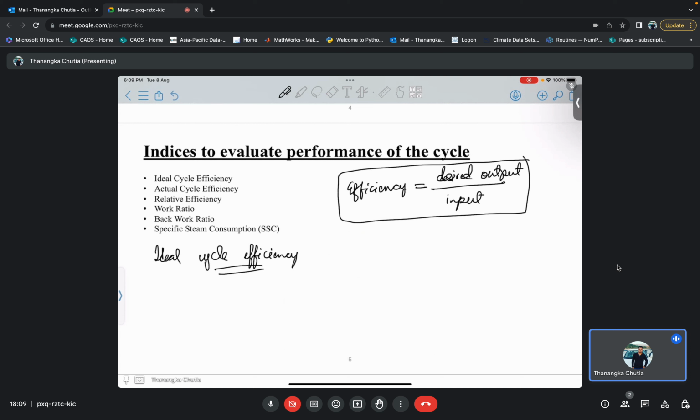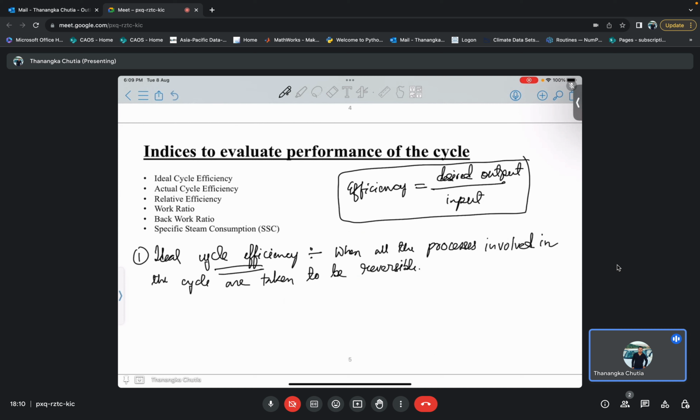Now this efficiency is of three types, like ideal cycle efficiency. In the ideal cycle efficiency, all the processes involved in the cycle are taken to be reversible.